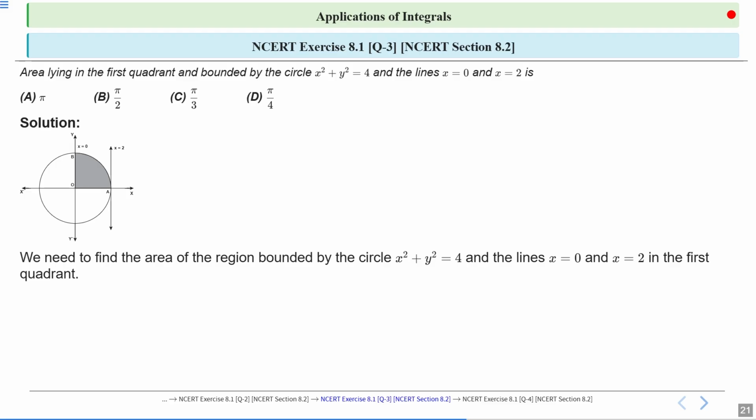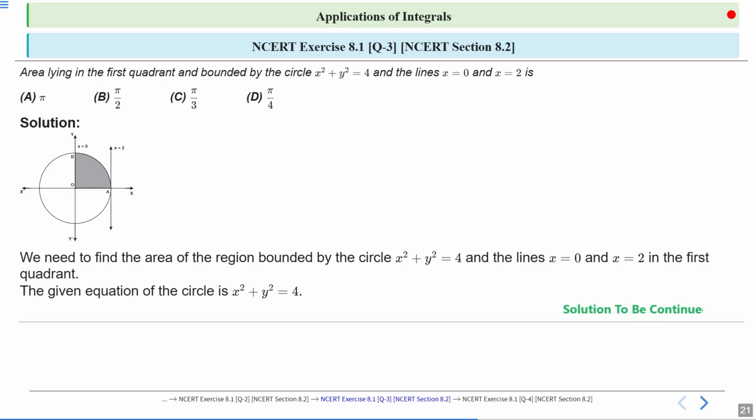So to find this area we can either take a vertical strip or horizontal strip. So the given circle is x square plus y square is equal to 4, and if we take the vertical strip, that is parallel to y-axis, the length of the strip is y and width is dx, and the area of the strip is y dx.